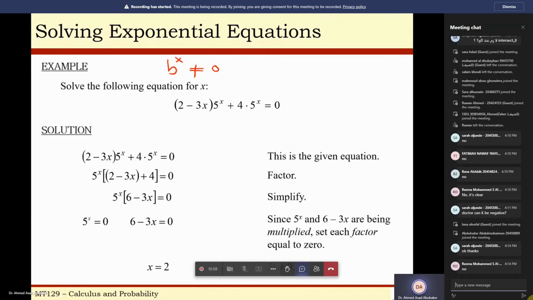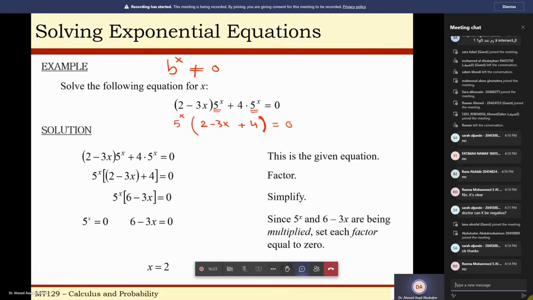Look at this equation. We can take 5 to the power x as a common factor. From the first term we have 2 minus 3x, and from the second term we have plus 4. This is equal to 0.